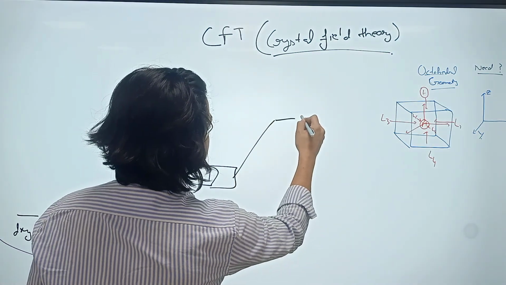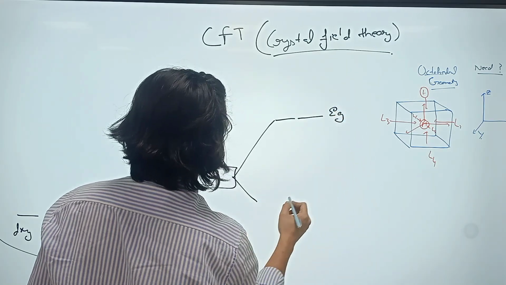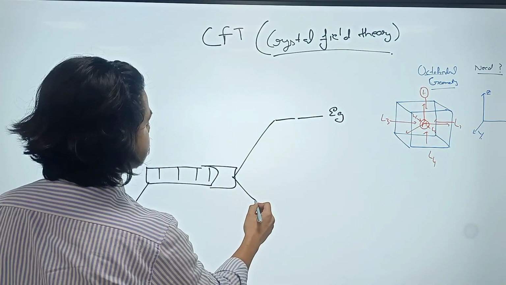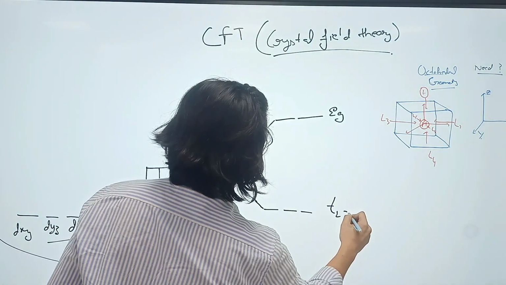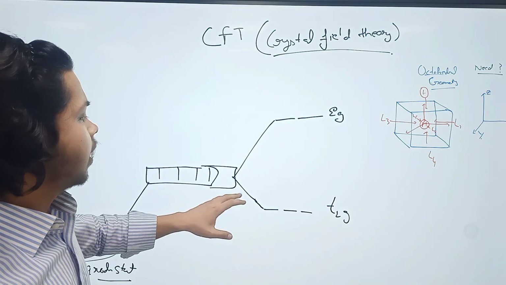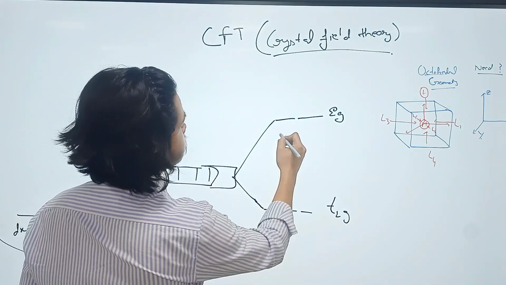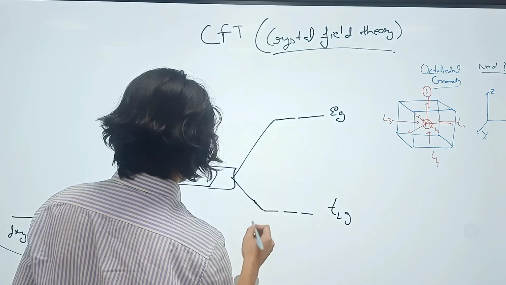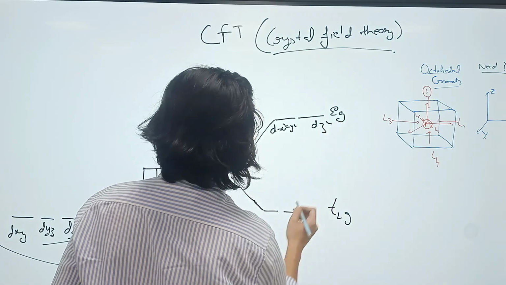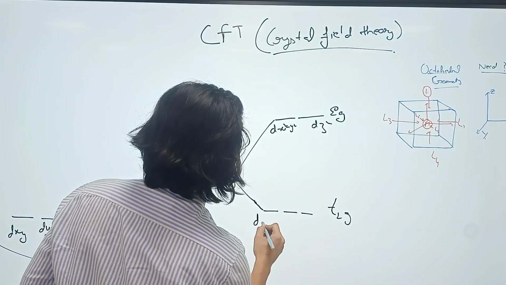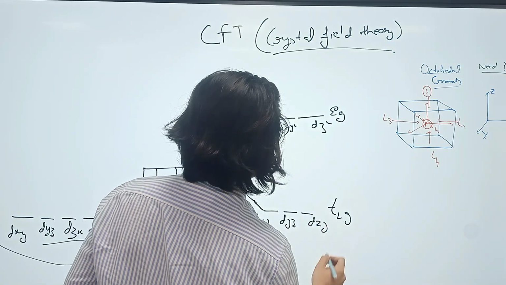The orbitals lying along the axis, which is the Eg set of orbitals, get more destabilized, and the orbitals in between the axis, which is the T2g set of orbitals, form the stabilized set. The Eg set is dx square minus y square and dz square, and the T2g set is dxy, dyz and dzx.